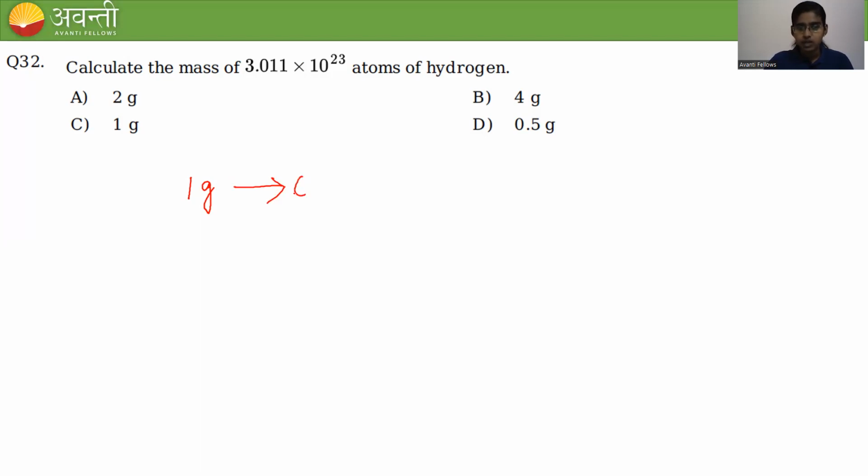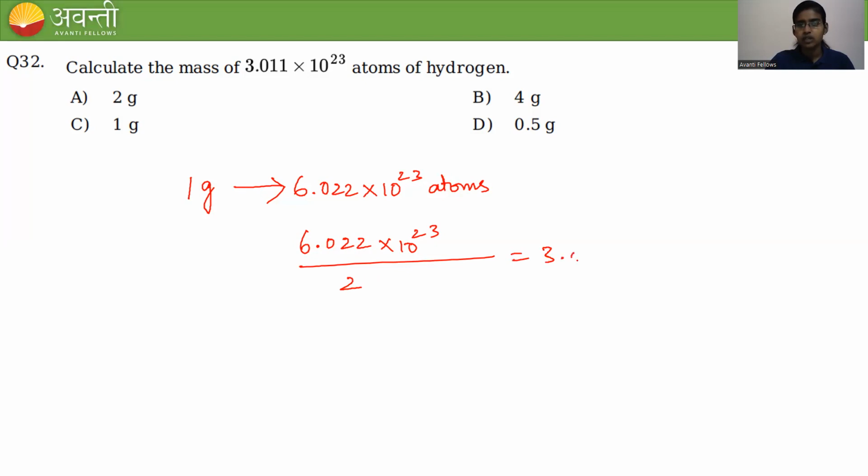What is the Avogadro number? It is 6.022 into 10 to the power 23 atoms of hydrogen. Now here you can see 3.011, which is nothing but half of the Avogadro number. If we divide the Avogadro number by 2, we will get 3.011 into 10 to the power 23 atoms.